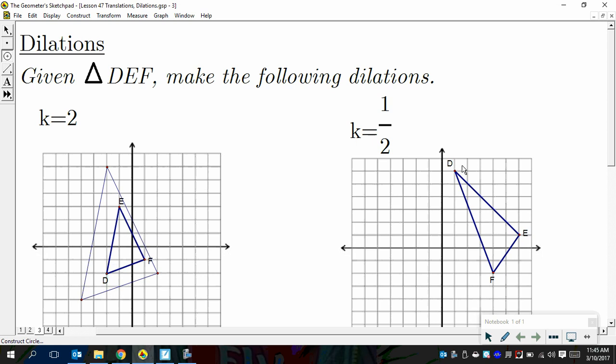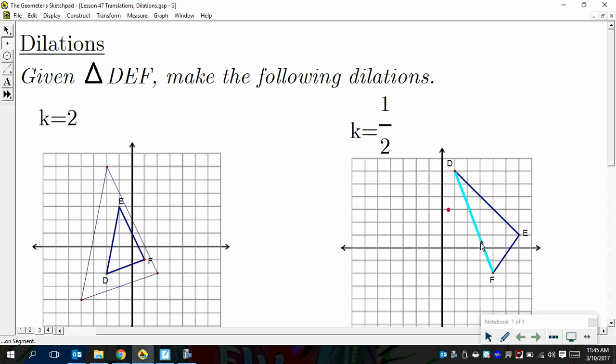Similarly, we're going to shrink this one by 1/2, so I multiply the x and y values by 1/2. So here it's 1, 6, so I multiply them by 1/2 and I move 1/2, 3. There's D prime. E is 6, 1, so I multiply 6 by 1/2 and get 3.